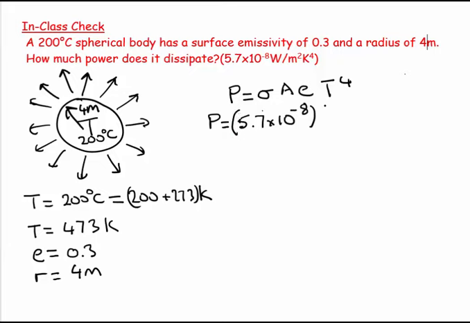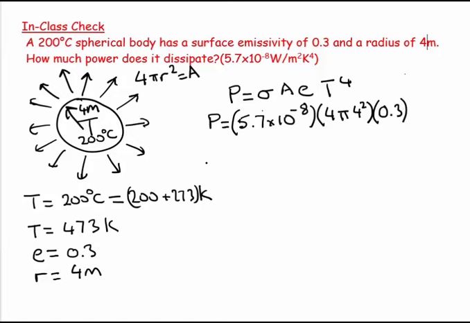And then A, well, A of course it's a sphere, so the formula for a sphere is 4 pi r squared, the surface area of a sphere. So this would be 4 times pi times 4 squared. And then my eta is this fractional term, which is 0.3.